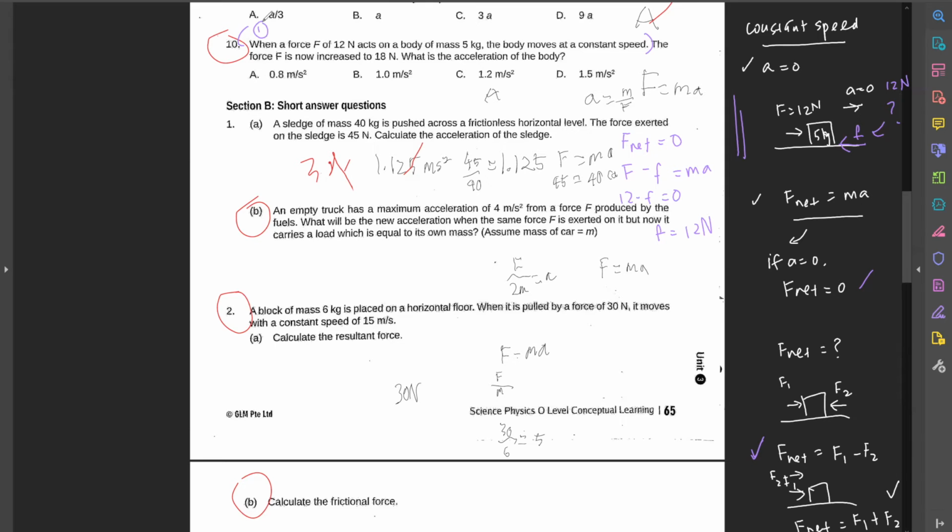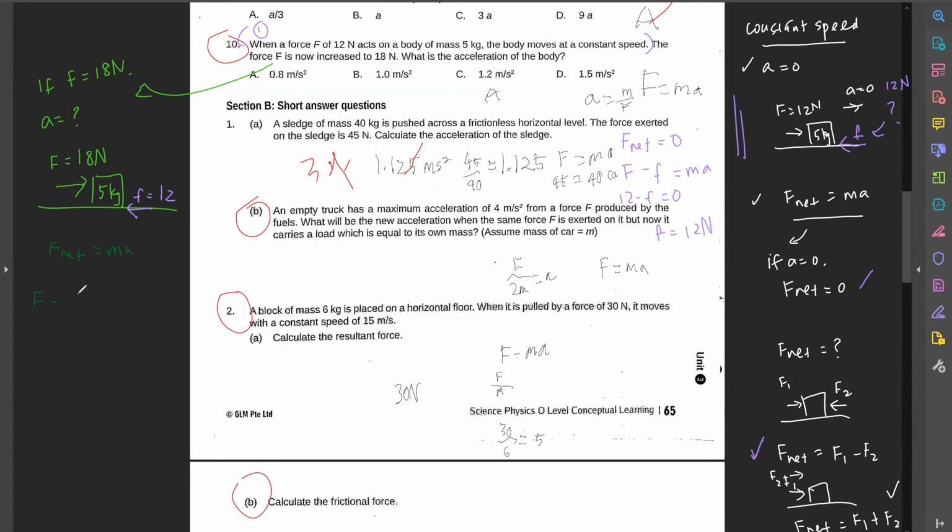Then the question here asks if F is 18 newtons, what is acceleration? So again, back to that diagram. So I draw 5 kg. Force is now 18 newtons. And that purple force is always there because it's friction. So force equals to 12. Resultant force equals to mass times acceleration.